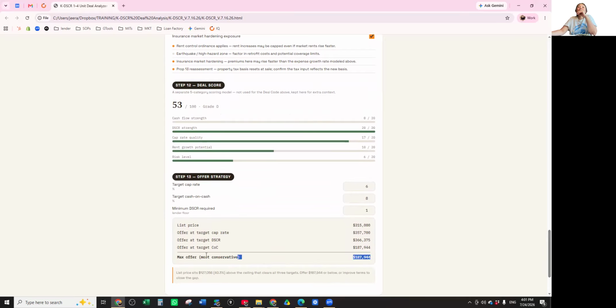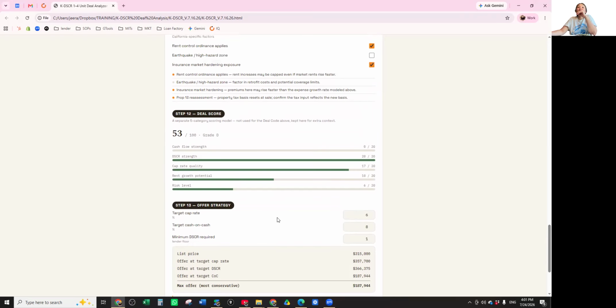This is the max based on your cash on cash return. If your target cash on cash is 15%, and minimum the cap rate here.